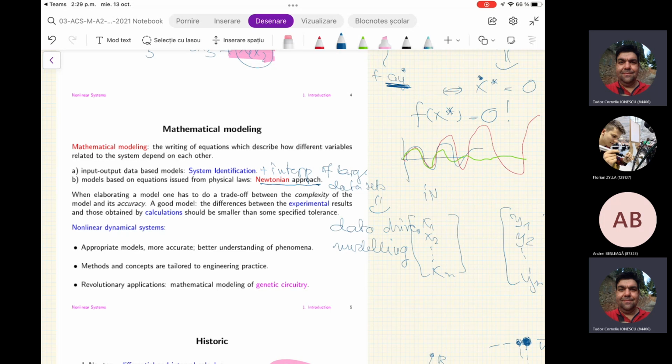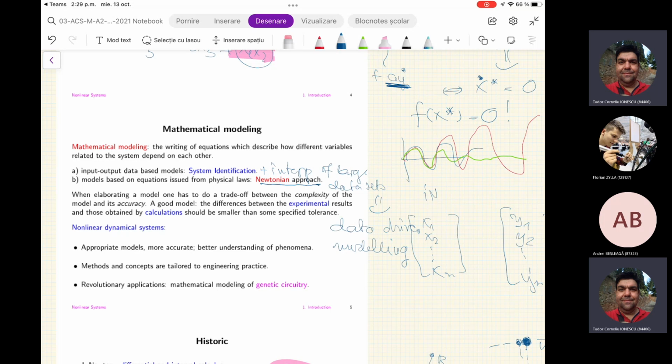On the other hand, if you have a complex model, there is a field called model reduction. For instance, Andrei followed this course last semester with myself because that's my research subject.